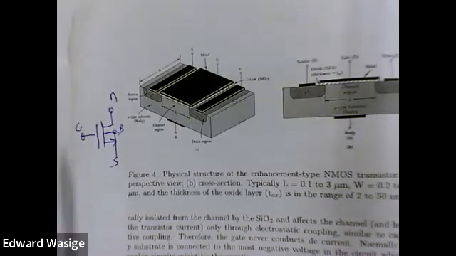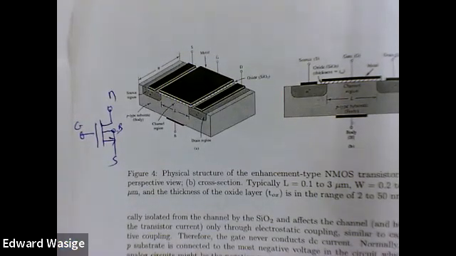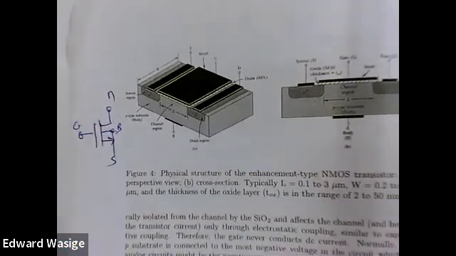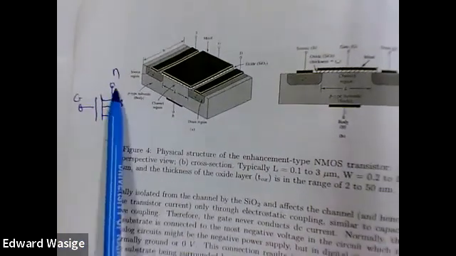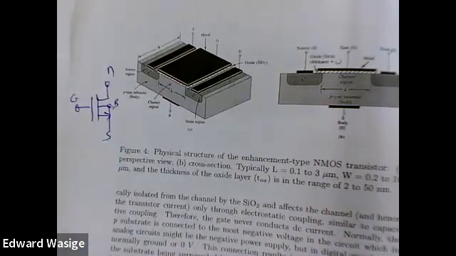Of course, we can have AC current because this is a capacitor. AC current goes through a capacitor, so that can happen, but we don't have any DC current going through the gate. But you need the gate. It's called a gate because it's the control signal to either turn this transistor on or off.